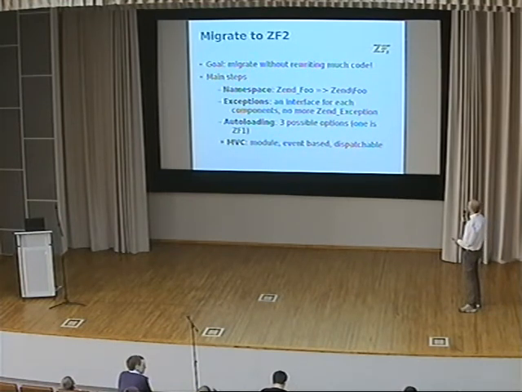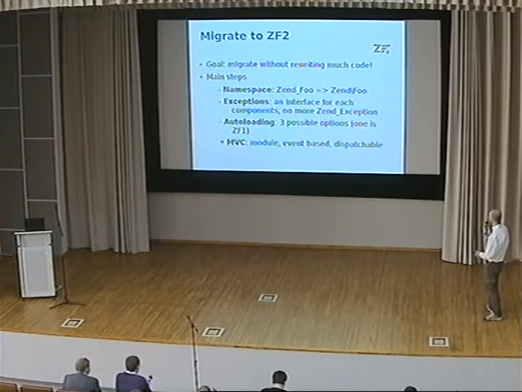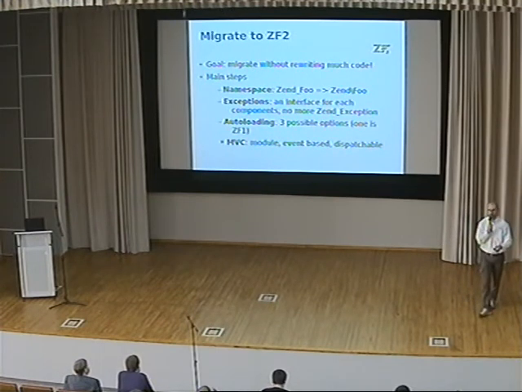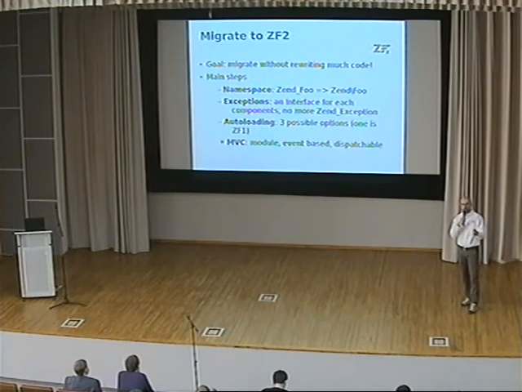So here I just give you an idea. Of course, we have to refactor the namespaces, because now in Zend Framework 2 we are using PHP namespaces, so we have to change this. The exceptions are managed in a different way, so we have interfaces in Zend Framework 2; we are no longer instantiating and inheriting Zend exception in every subclass.